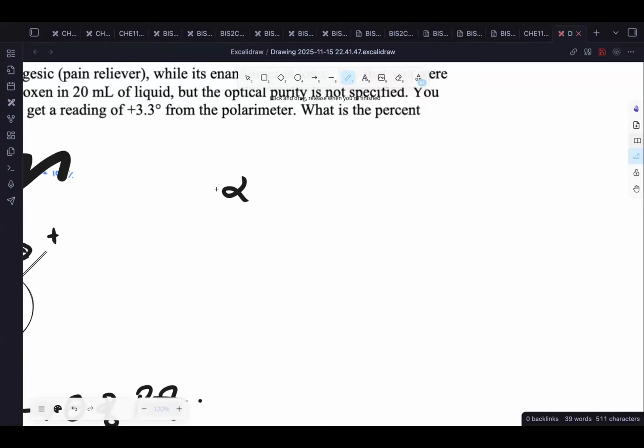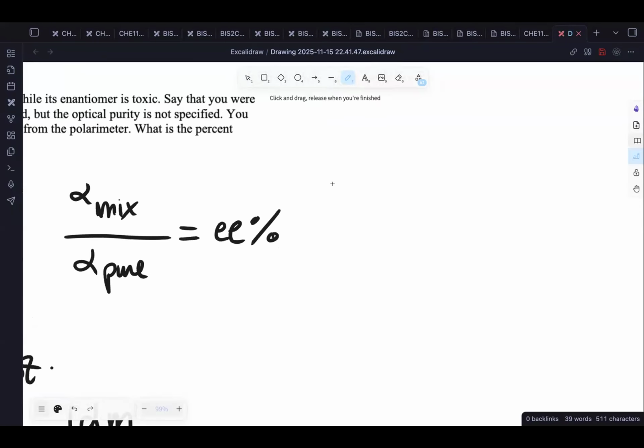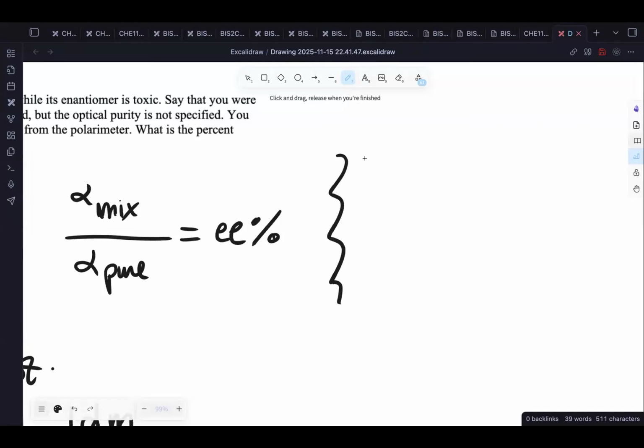What we can do is say that the alpha of the mix divided by the alpha of the pure sample gets you something called the enantiomeric excess. So let's say, for instance, just as a background, what's a good molecule?